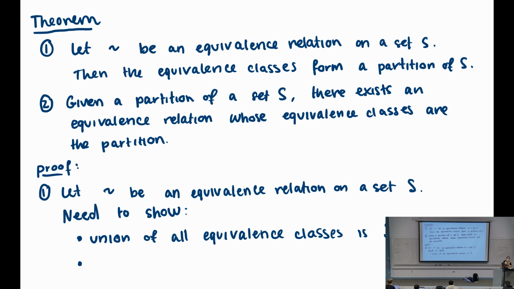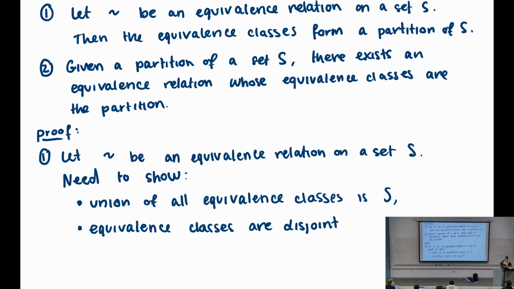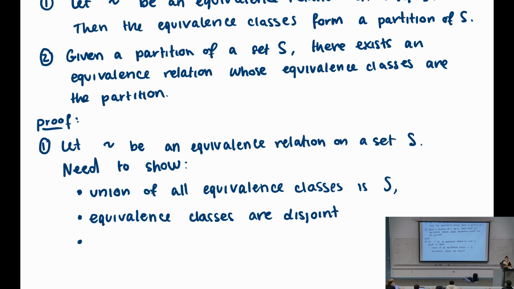Yeah, so we need to show that the equivalence classes are disjoint. And what else do we need to show?